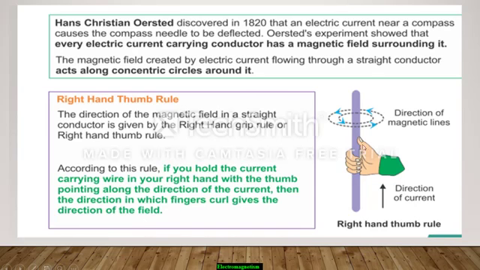See here, the thumb shows the direction of current, then the direction of the magnetic field is given by the finger curls. This is an important rule, the right hand thumb rule, which you have to learn by heart.